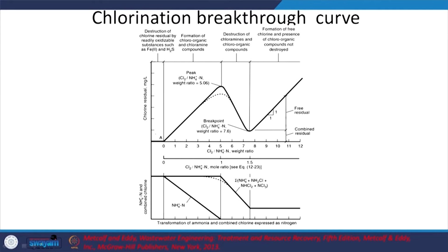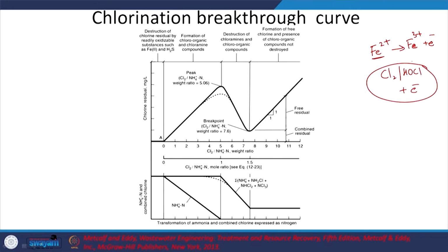So, here what is happening initially, you have destruction of chlorine due to oxidizable substances such as Fe2+. Fe2+, right, can go to Fe3+ by giving out its electron. So, it is an electron donor, and my Cl2 or HOCl or oxidizing agents will accept an electron. So, whenever I have Fe2+, it will readily consume my oxidizing agent.